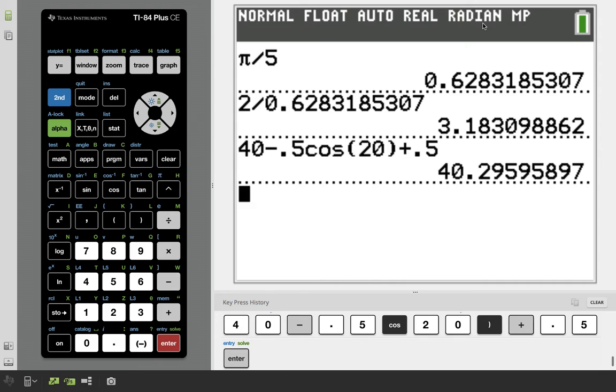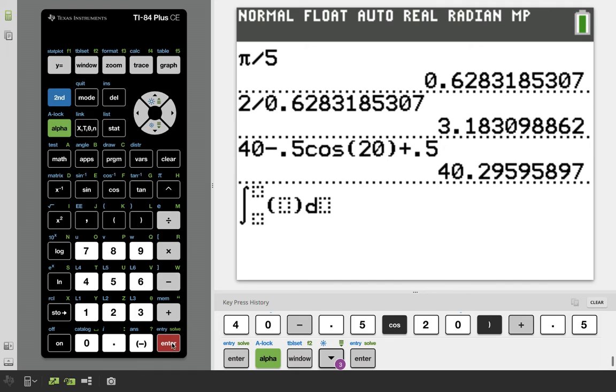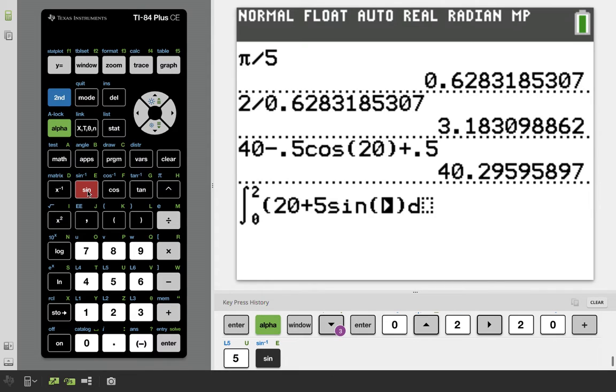But year 12, I think most of the time it will be. Now, if this question was only worth a couple of marks, that was probably a good indication that I could have just used the integral. The velocity function, can you remember it? I think it was 20 plus 5 sine 10x.